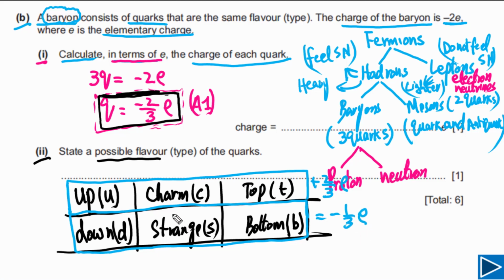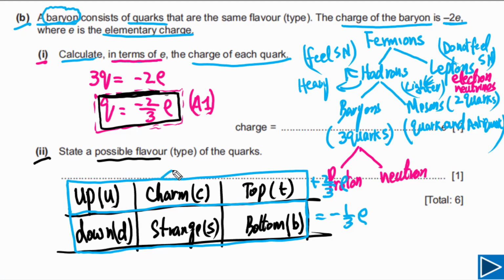That means the charge on the down quark, the strange quark and the bottom quark is equal to negative 1 over 3 e. There is a way to remember the charge on these quarks. In the top row, the names sound like something higher: up, charming, top.